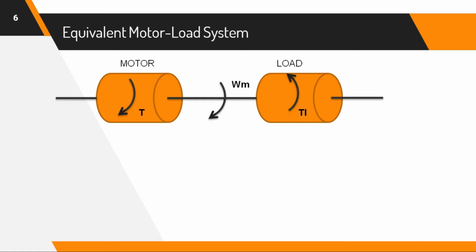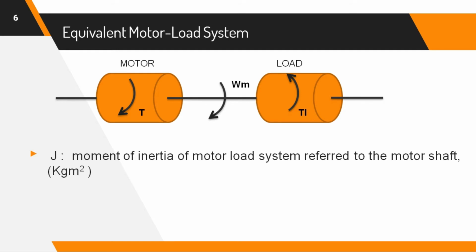Let's go with the equivalent motor load system. In the figure it is shown the load is directly connected to the motor shaft, and the shaft rotation or motor speed is omega m. T is the motor torque, TL is the load torque. So what are the notations? J is the moment of inertia of the motor load system referred to the motor shaft.